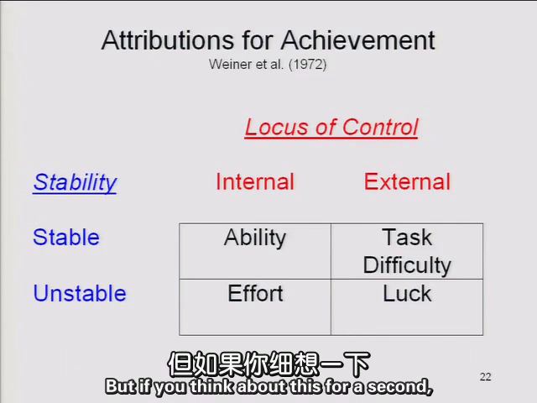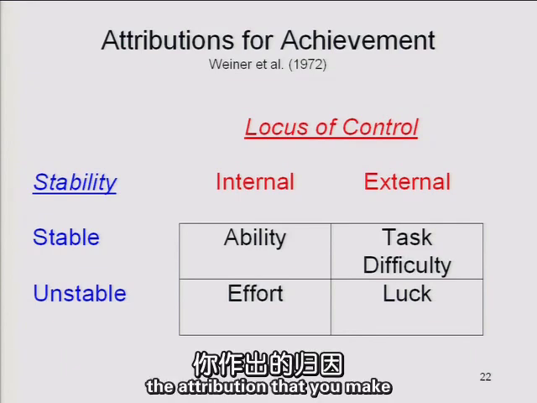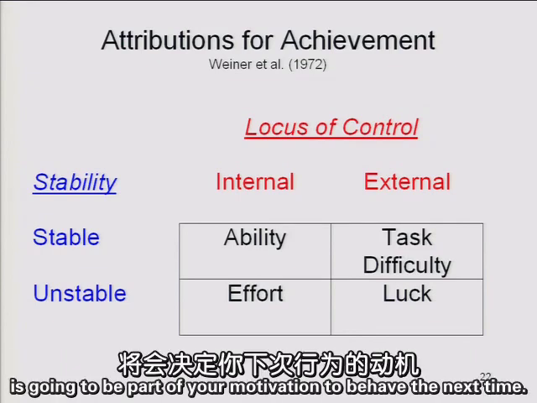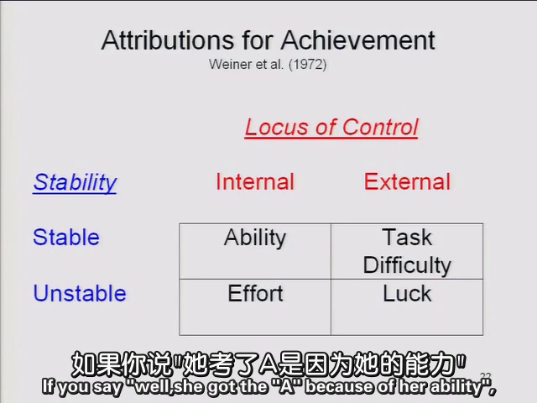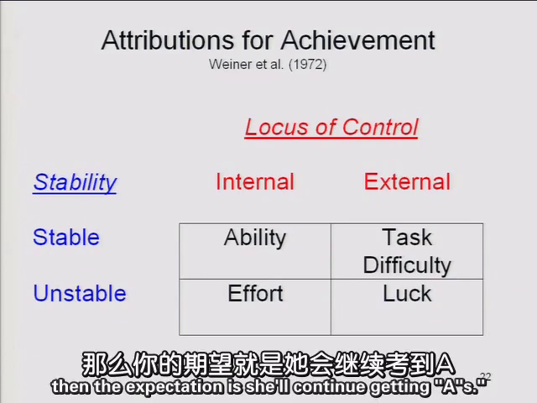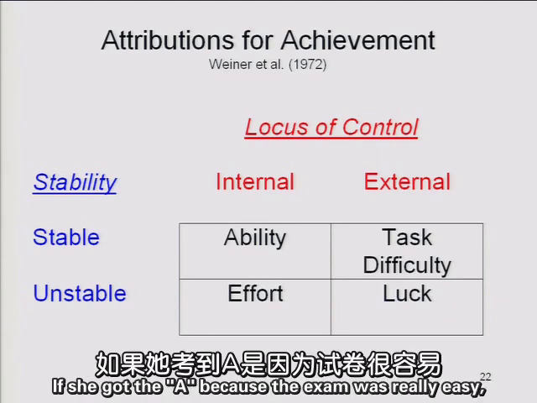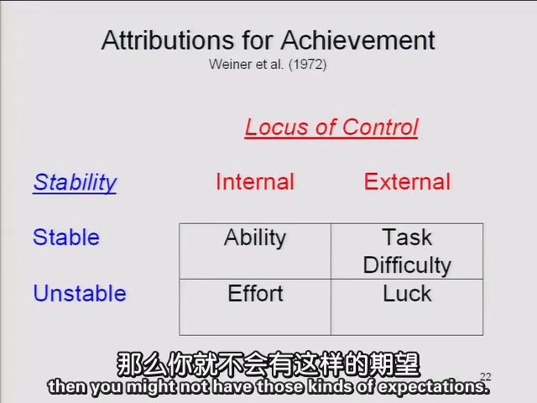But if you think about this for a second, the attribution that you make is going to be part of your motivation to behave the next time. If you say, well, she got the A because of her ability, then the expectation is she'll continue getting A's. If she got the A because the exam was really easy, then you might not have those kinds of expectations.